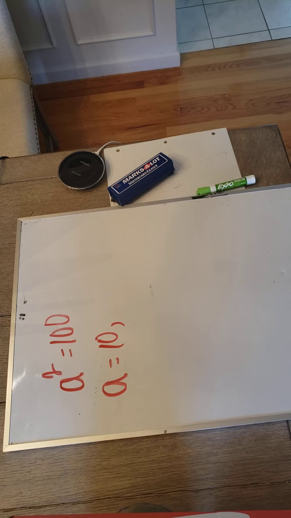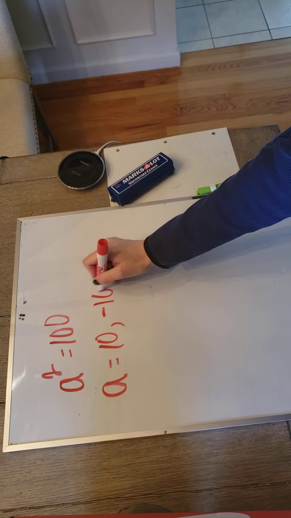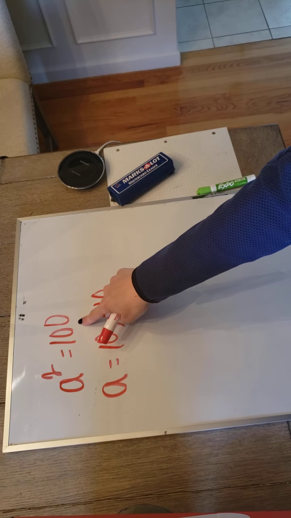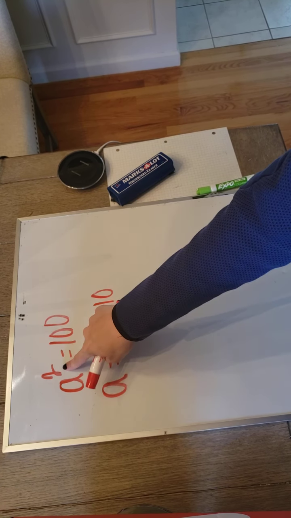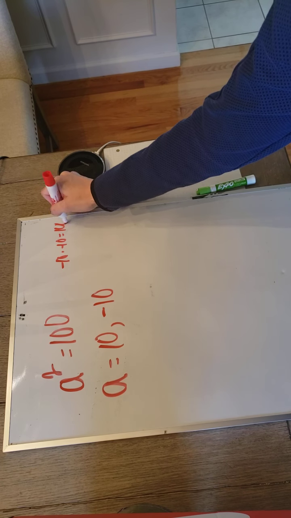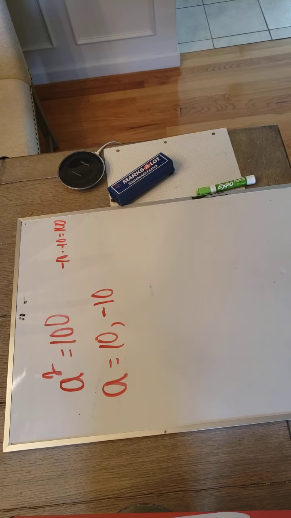What is something else I can multiply by itself 2 times that will give me 100? Negative 10. If I put a 10 in here, I get 100. If I put a negative 10 in here, negative 10 times negative 10 is positive 100.